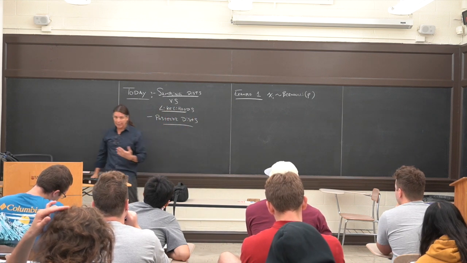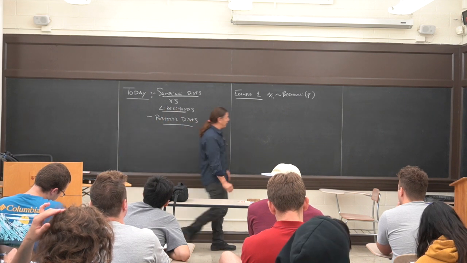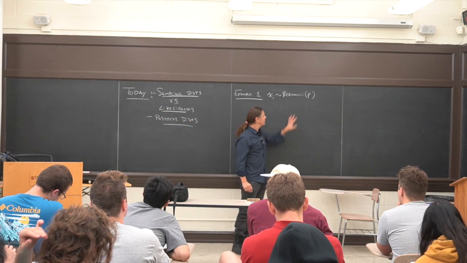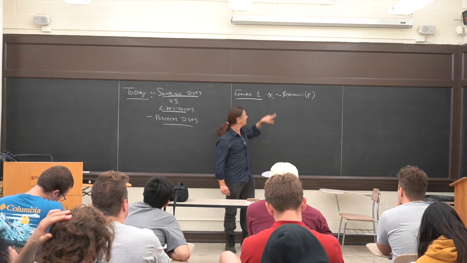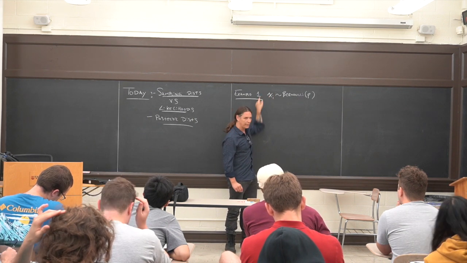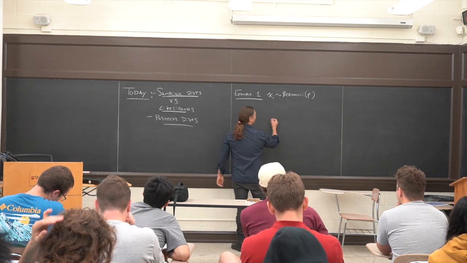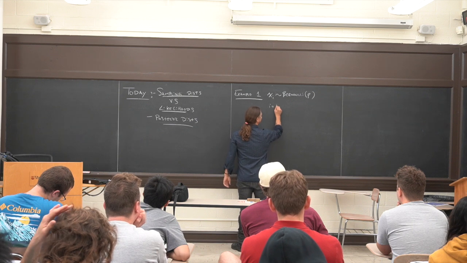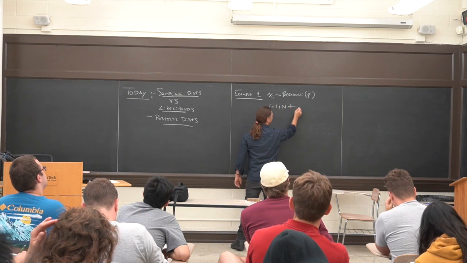So if I don't write IID, identically distributed and independent, I mean that. So what I mean is this is some distribution right here and it's not going to change. So every time I sample one of these elements right here, I do the same thing over and over and over again. So I'm going to do this n times. So i goes from 1 to n, so this is my sample size.